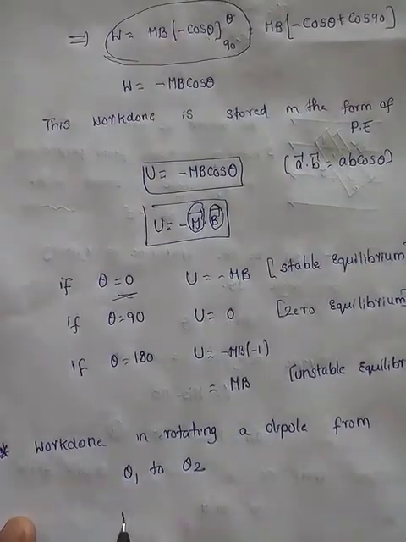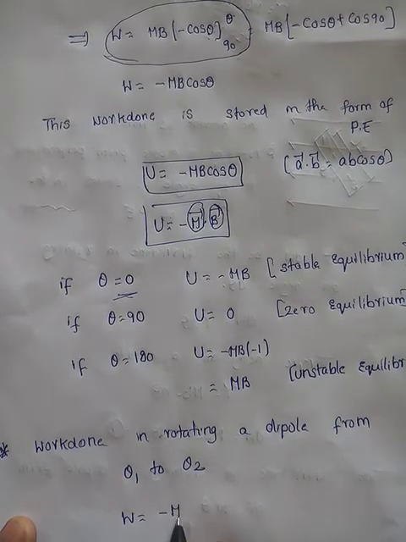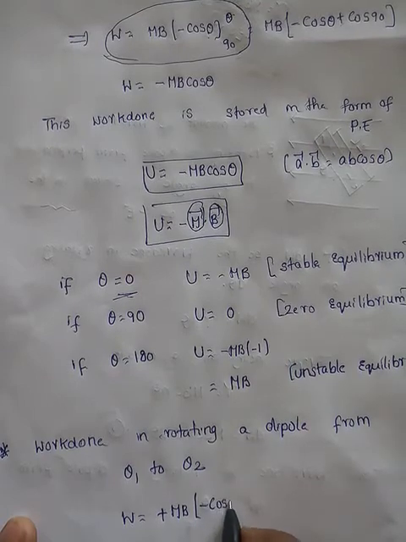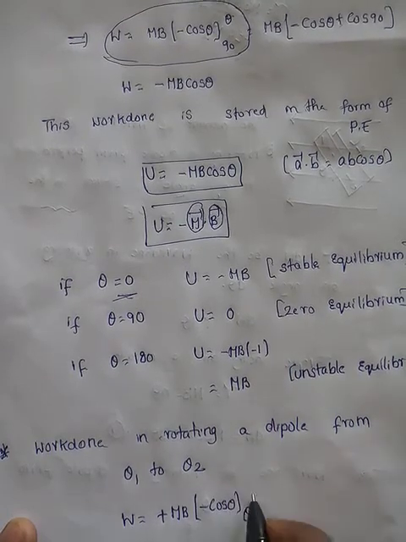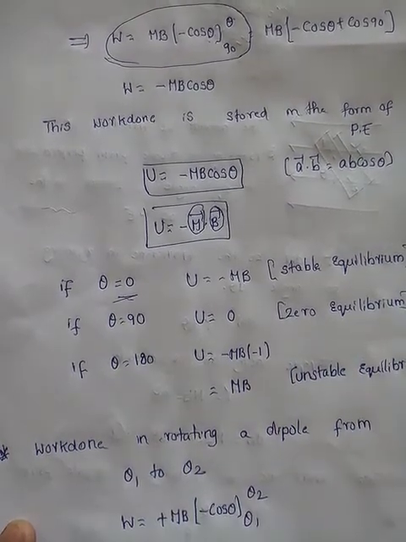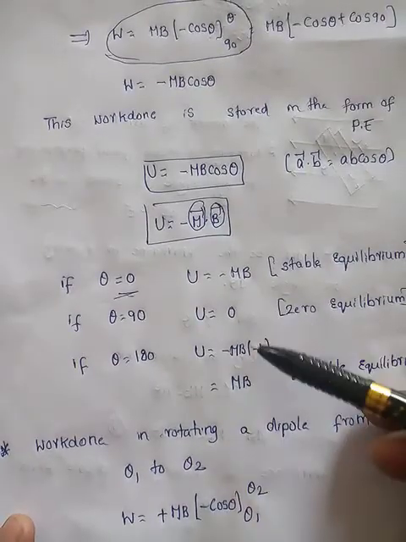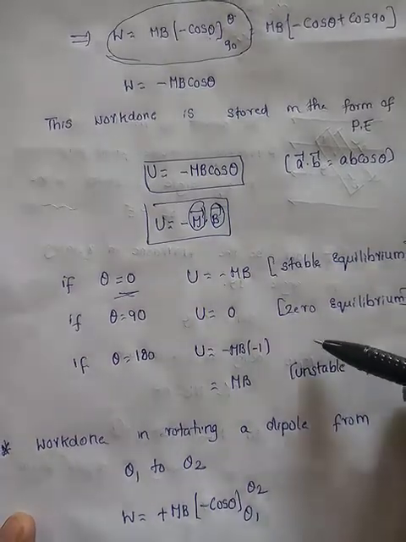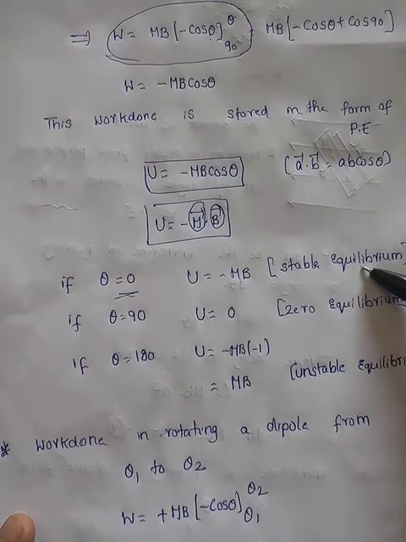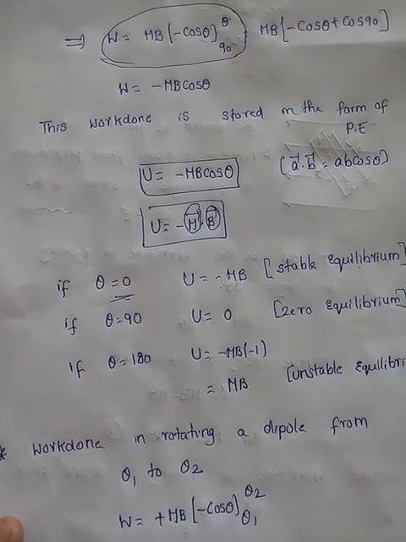What is the condition? W is equal to plus mB into minus cos theta, from theta 1 to theta 2. Maybe they will ask the amount of work done in rotating a dipole from unstable equilibrium to stable equilibrium.